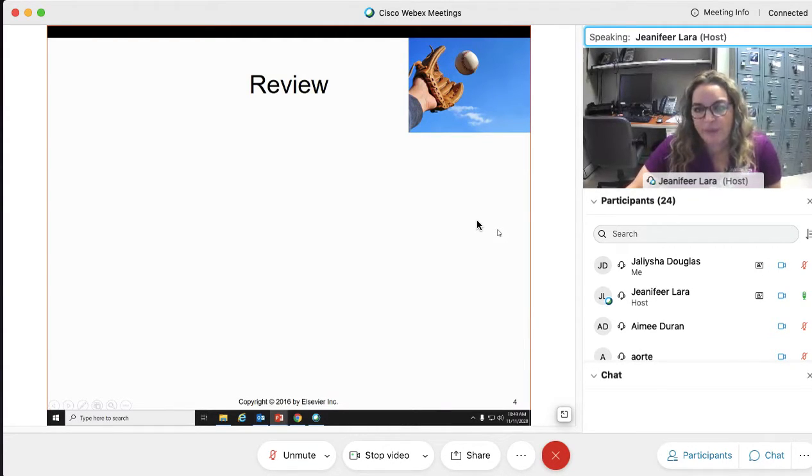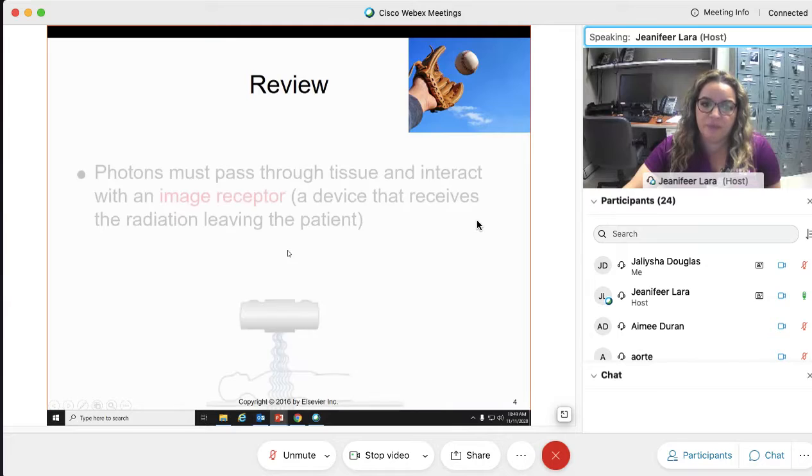And in the rules of baseball, does the ball have to be in the glove when someone is going to be called out? Yes. So these have to connect, right? So where am I going with this? I want you to think of this baseball as a photon and this glove as an image receptor.